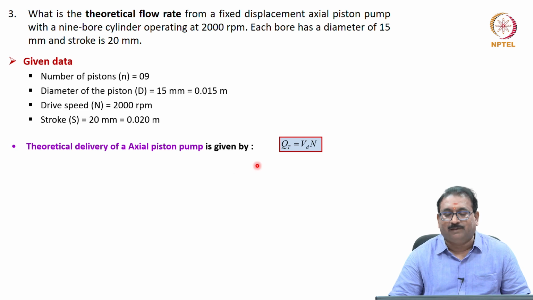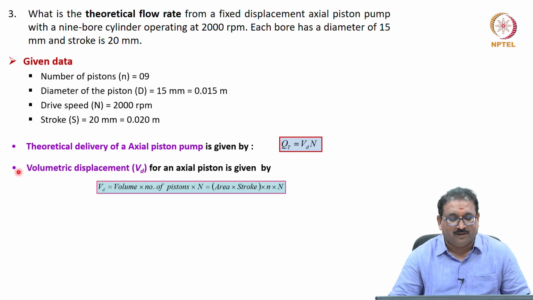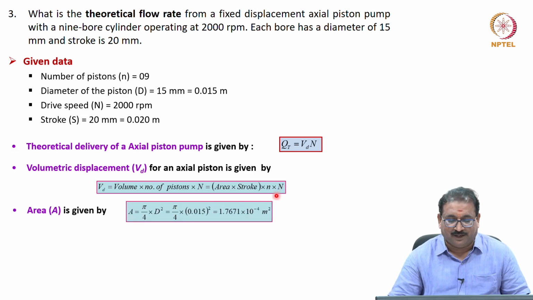Theoretical delivery of the axial piston pump Qt equal to Vd into N. Then volumetric displacement Vd is given by volume into number of pistons. This volume is nothing but area into stroke, into small n, number of pistons, and capital N is the drive shaft speed.